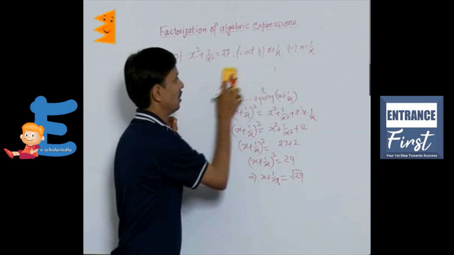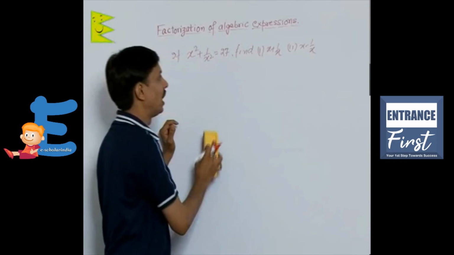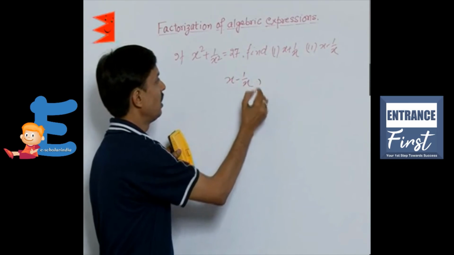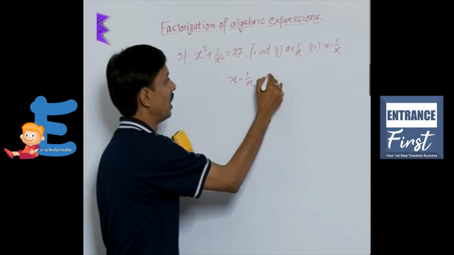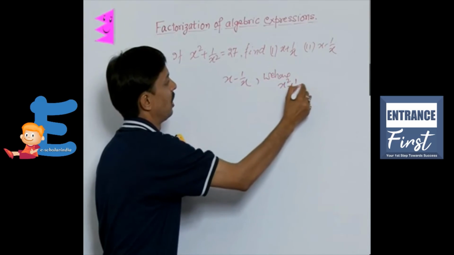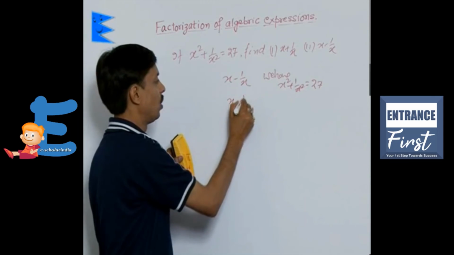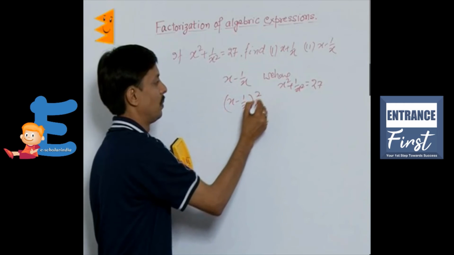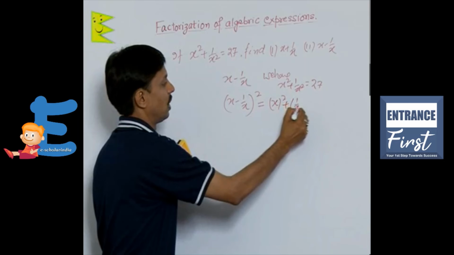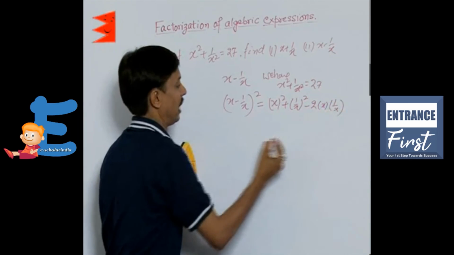For the second part, we will keep the same pattern. We want to find the value of x minus 1 upon x, where the given value is the same, x square plus 1 upon x square is equal to 27. If I ask you the whole square of x minus 1 upon x, you will say it is x square plus 1 upon x square minus 2 into x into 1 upon x.